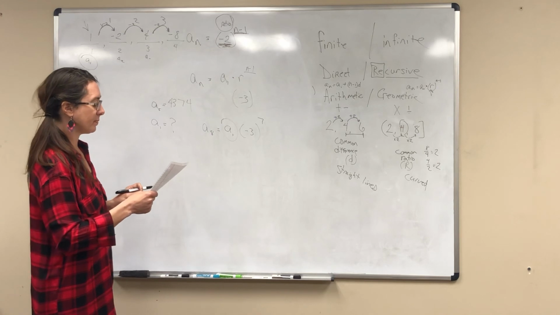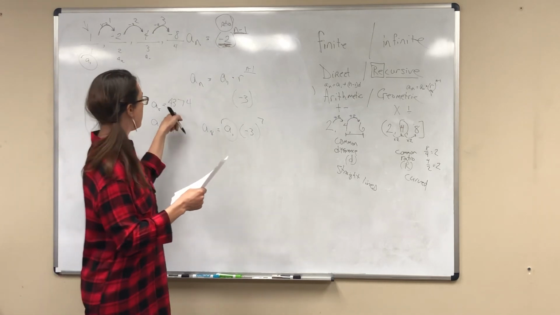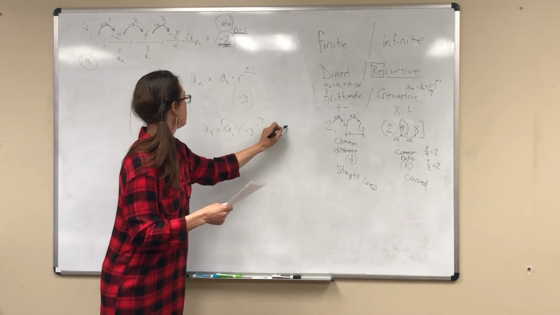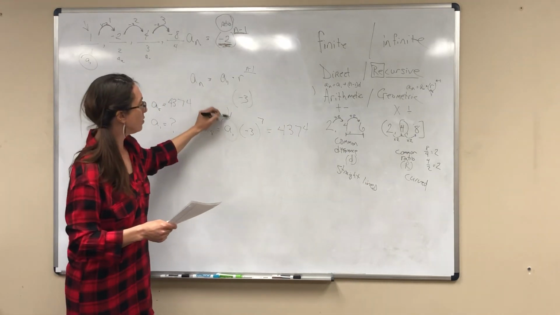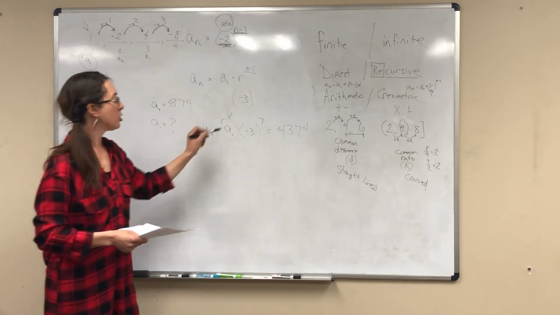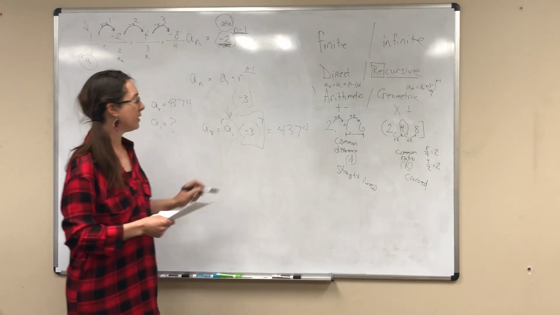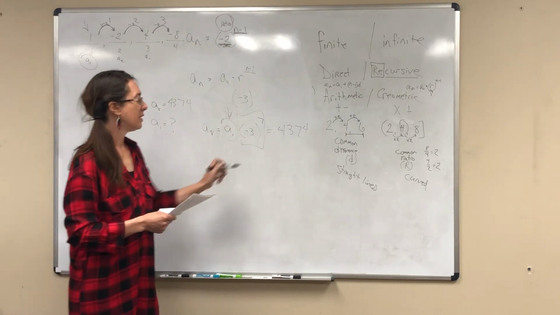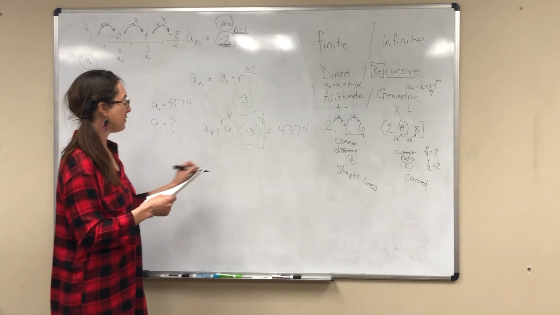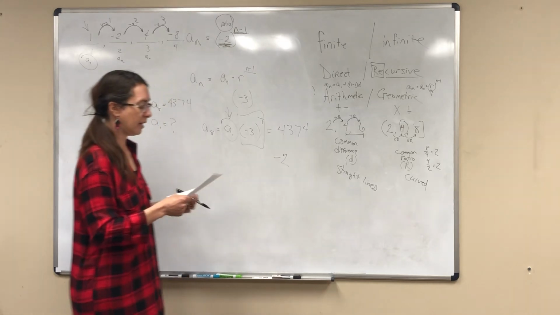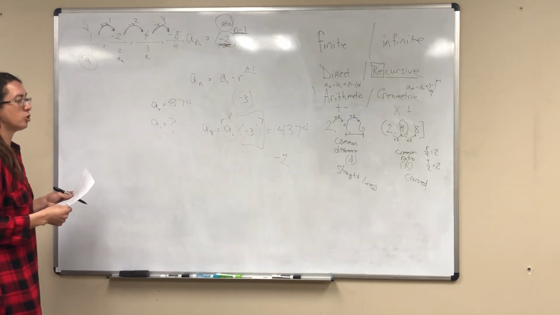And that's equal to 4374. So now I have only one variable. I would divide 4374 by -3 to the 7th, and we get -2. So we start at -2.